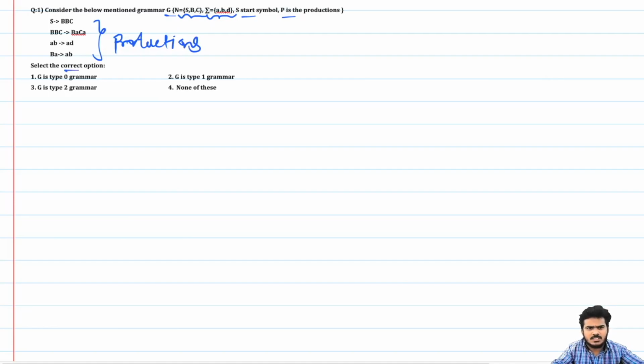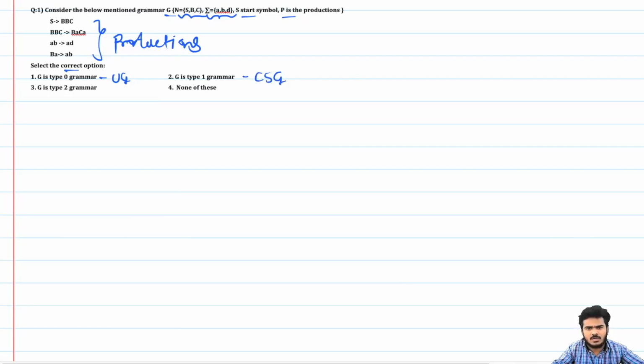So the first option says that G is a type 0 grammar, that is an unrestricted grammar, and this grammar generates the recursive enumerable languages, that is recursive languages and recursive enumerable languages. We have discussed that these languages will be accepted by a Turing machine. Similarly, type 1 grammars are context sensitive grammars, which generate the context sensitive languages and which will be accepted by linear bounded automata.